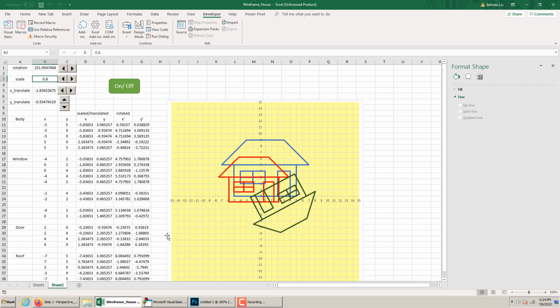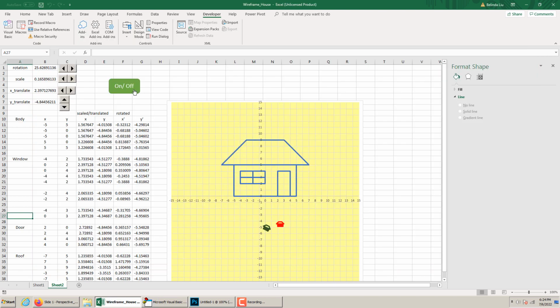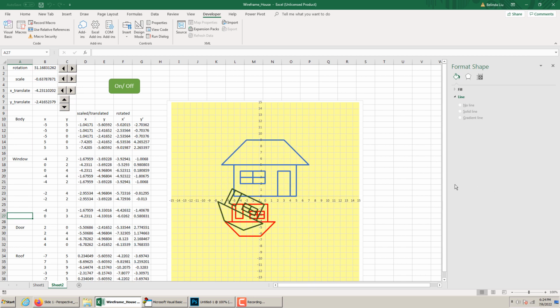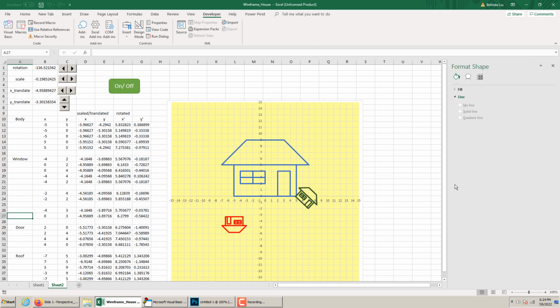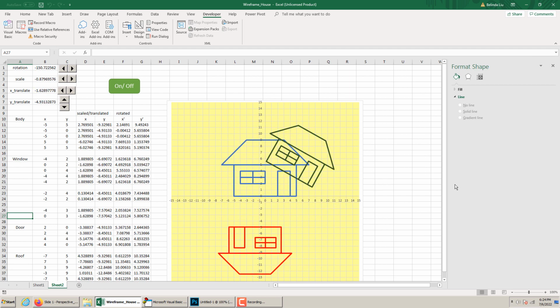So this is B3 maybe, yeah, B3, from -1 to 1, that's okay. Let's put 12 here. So now you have everything. You have translation, rotation, scaling, two different translations, one rotation, one scaling.